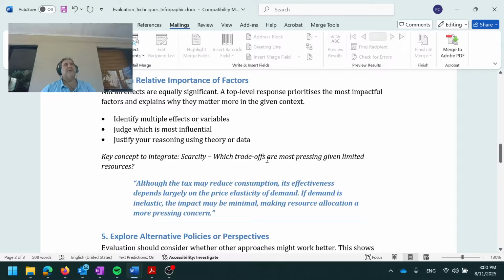So again, when you think about your topic sentences, maybe start with one of the main benefits, or the most significant benefit of this particular policy is blah, blah, blah, or one of the key negatives or key weaknesses or main limitations is blah, blah, blah. So really, it's a skill thing.